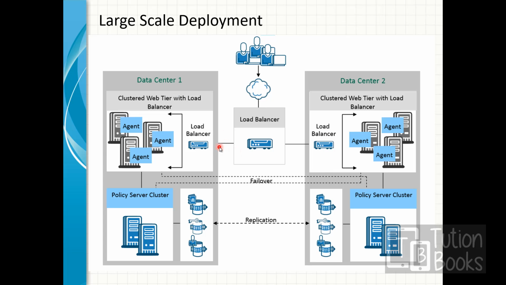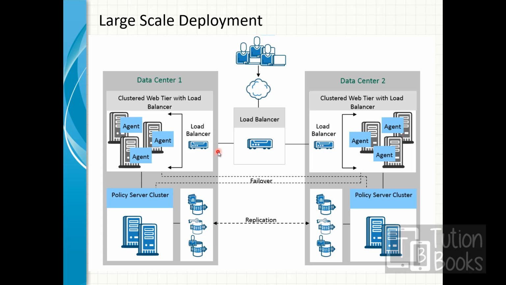Again, I can use a load balancer to balance the load between my agents, and make them a group to serve the requests. This type of requirement comes into the picture when we want to implement SiteMinder at a larger, organization-wide scale. Between accessing data center 1 and data center 2, I have a web server where I have implemented agent grouping and load balancing between two agents.